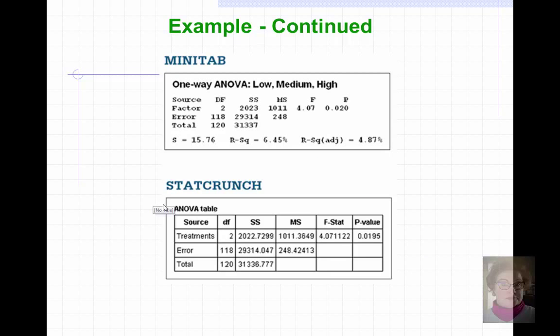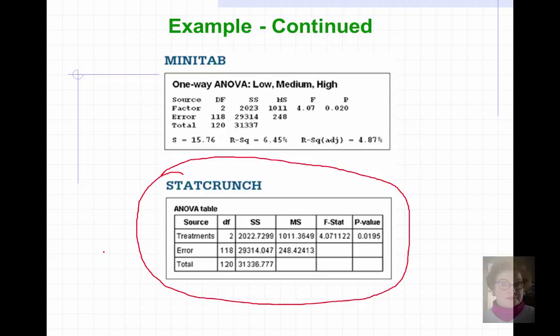And here is our StatCrunch, and again you see the same F statistic, you see the same p-value. Here's F and P in Minitab, and you would put your step 3, it's actually step 3 and 4 combined for our 6-step test.